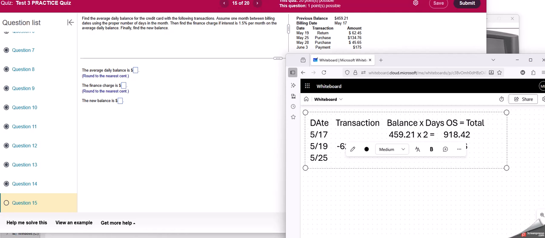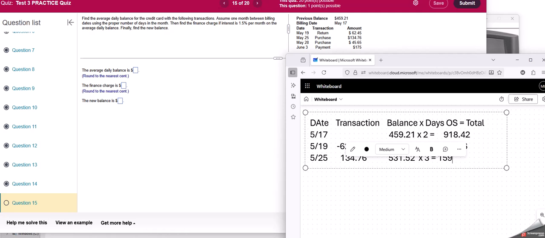So if we make a purchase, our balance goes up $134.76. So again, it was $396.76, and we increased it $134.76. So that's $531.52. And we had that for 3 days.